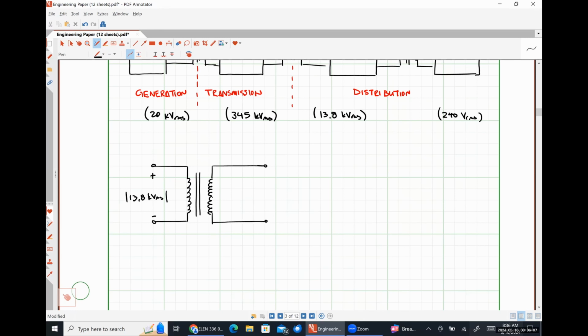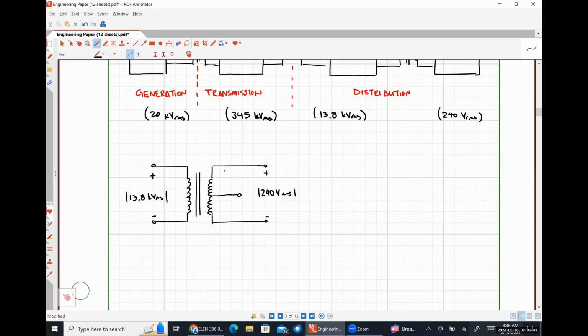So this secondary winding of this transformer would be what we call tapped. And all that is, is inserting an extra conductor halfway through the windings of our coil, so that, actually, let me move this one back a smidge, so that the potential difference between here and here is 240 volts RMS.